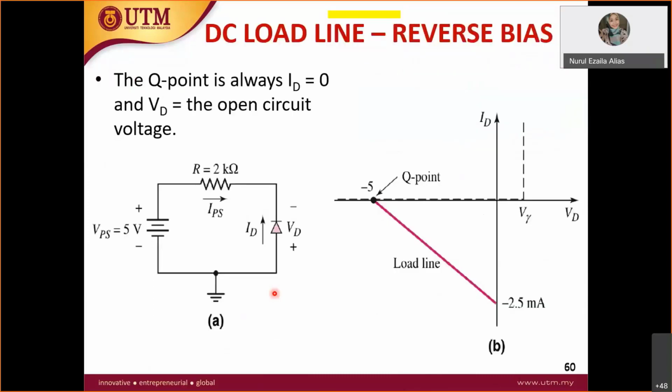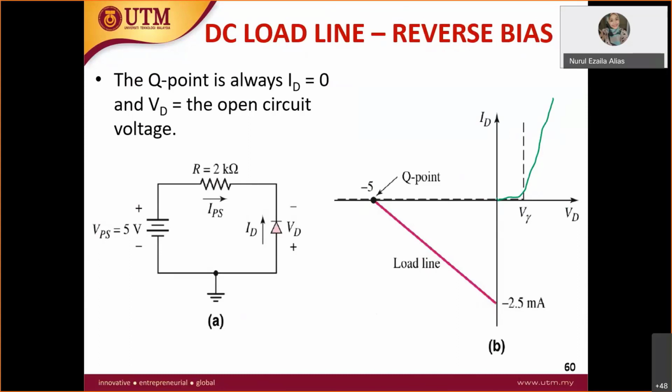Now the load line could be reversed, but this is a rare case. The Q point is always at 0. When it is reversed, you get a reverse bias diode like this. A normal diode behaves like this, right?